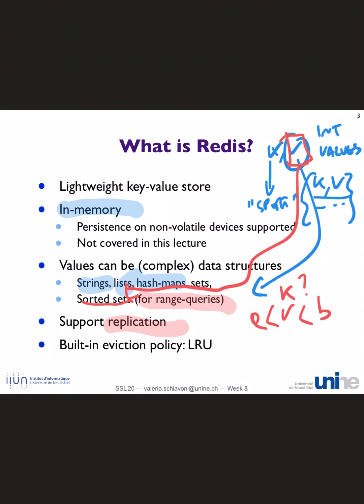In this case, Redis implements replication mainly to handle fault tolerance. If there is a node that fails, you always want to have at least a number of copies of that key value pair available to answer queries correctly.